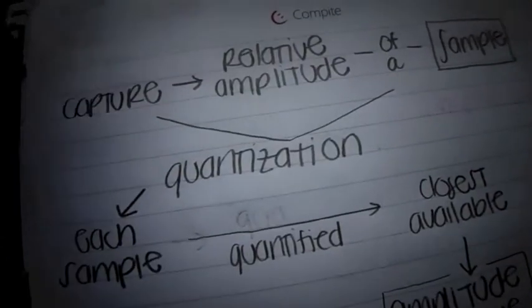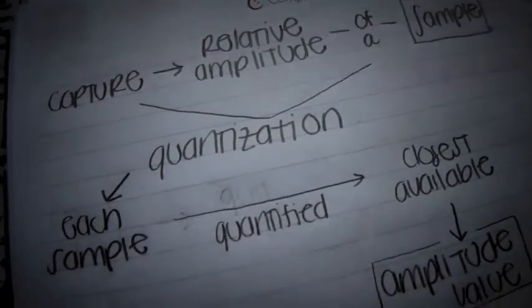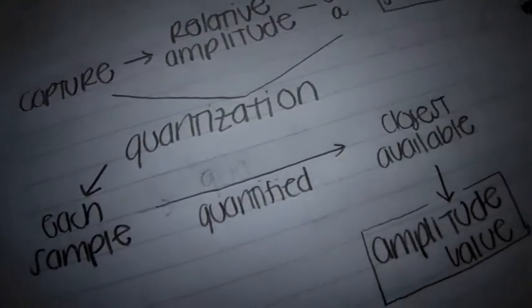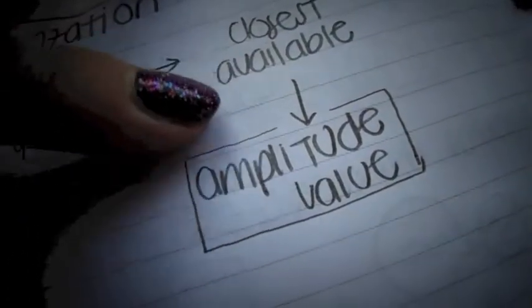Now, to capture all of this relative amplitude of a sample, what the AD converter does is go through a process called quantization. This just simply means that each sample is quantified, or assigned to the closest available amplitude value.